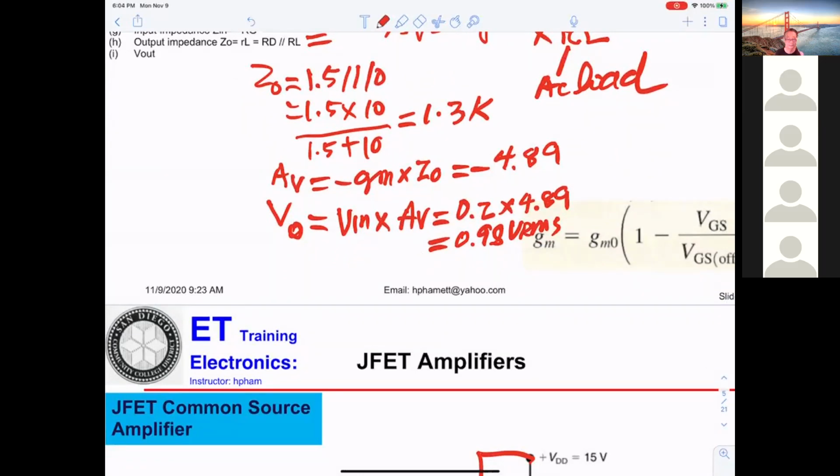Now the input is 0.2 volt peak to peak, so that will be peak to peak. So 0.98 volt peak to peak then, right? Yeah. Okay, thank you.